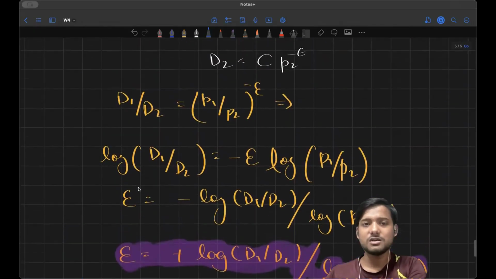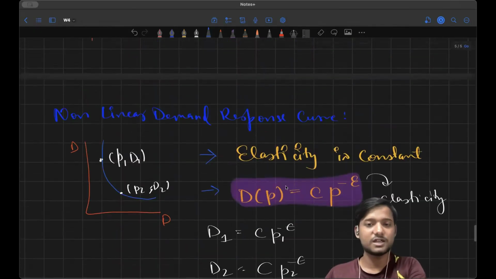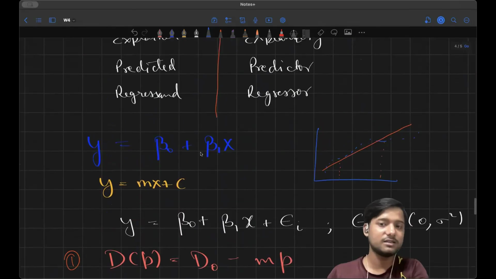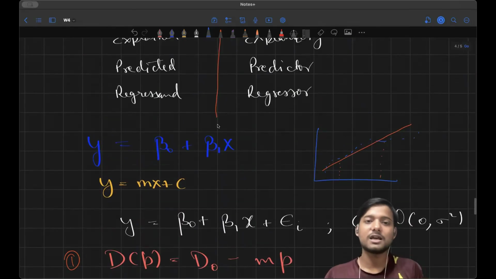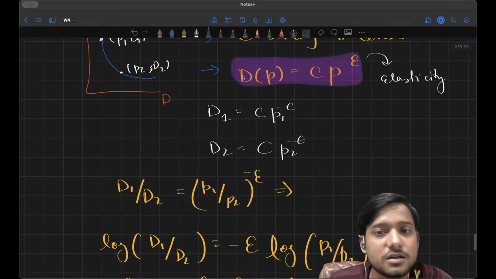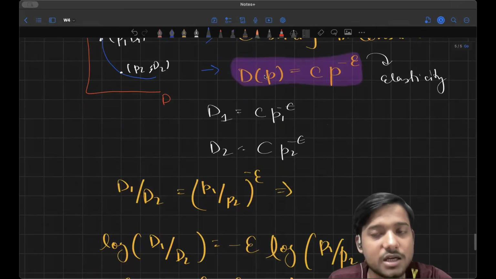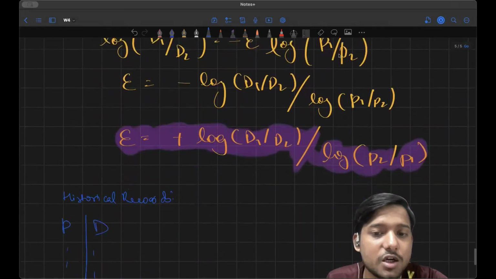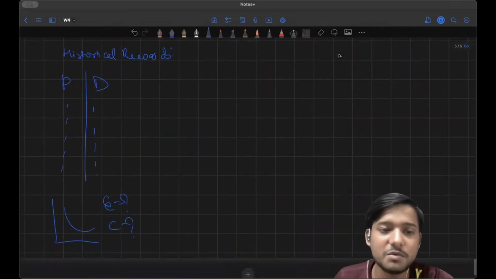We have not seen this kind of setup where we can estimate this, but we do know this kind of setup: whenever my data set follows some kind of linear trend, I can capture that trend using linear regression. So somehow, if I can convert this equation, demand as a function of price equals C times P to the power minus epsilon, into a linear equation, that would be much easier.